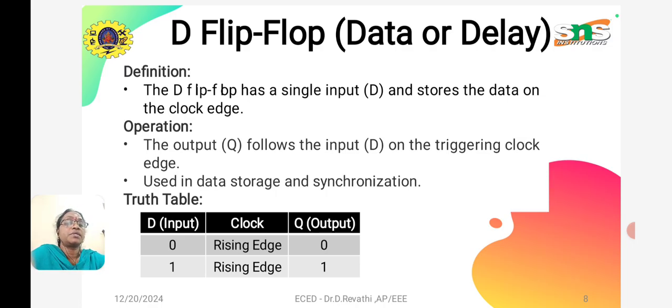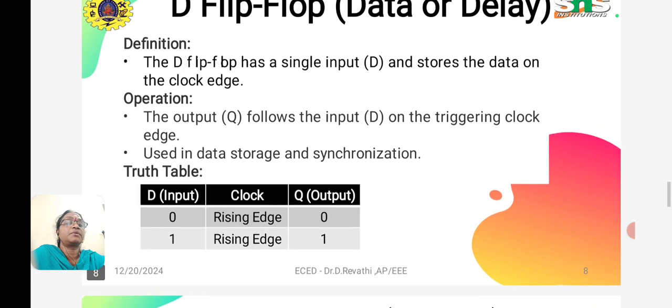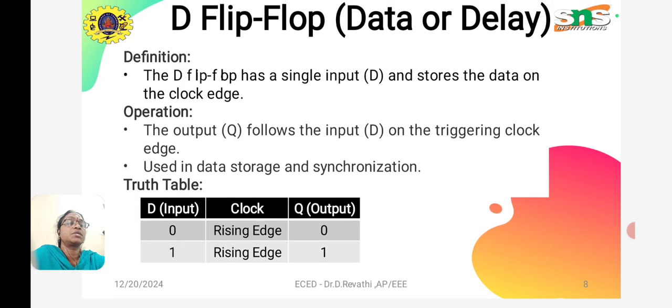On the rising edge, an input of 0 gives output 0, and an input of 1 gives output 1. So the operation of the D flip-flop is that the output Q follows the D input on the triggering clock, and it is used to store data and for synchronization.